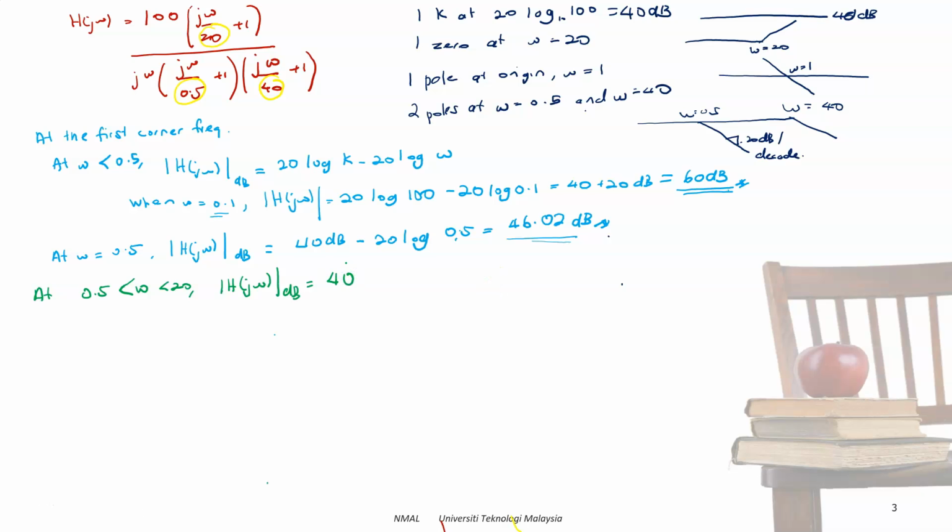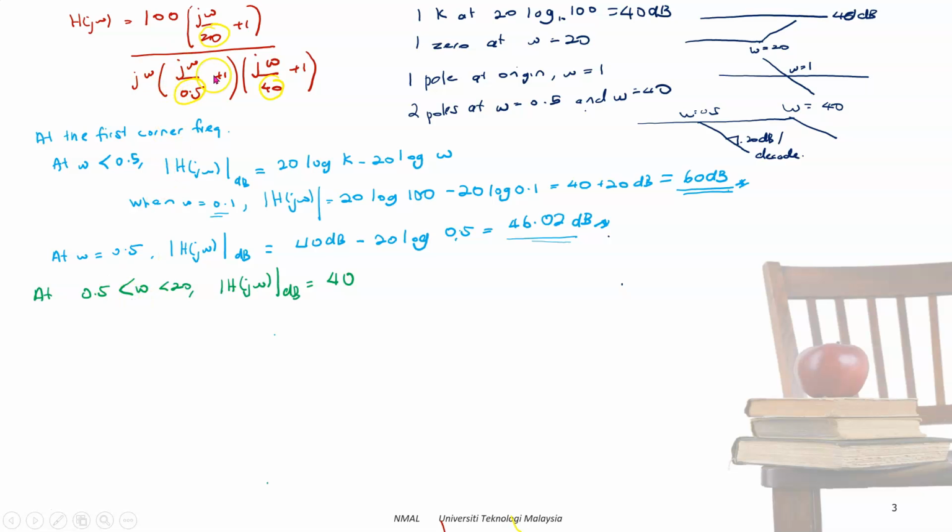Okay, now because it involves 0.5 but it's still less than 20, so we take this value as well. The component that is involved in this calculation between omega 0.5 and 20 is 100, which is a constant. Pole at origin, anything, pole and zero at origin always involved in all the calculation. Okay, but for the frequency that is related to corner frequency, we only consider it when it is within the range.